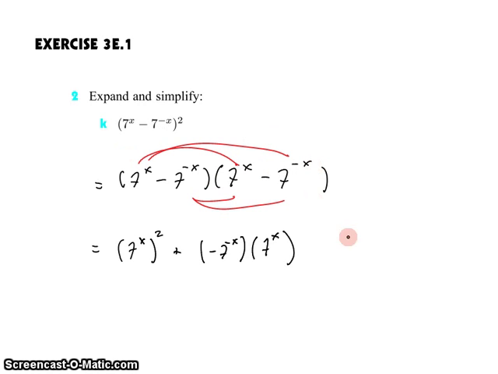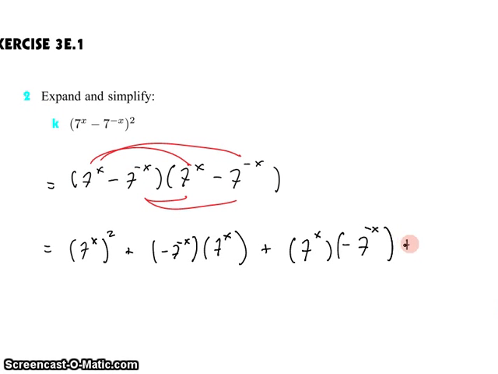We have the outer, which is 7 to the x times negative 7 to the negative x. So that's that one times that one. And then lastly, there is negative 7 to the negative x times itself. That's those two right there.